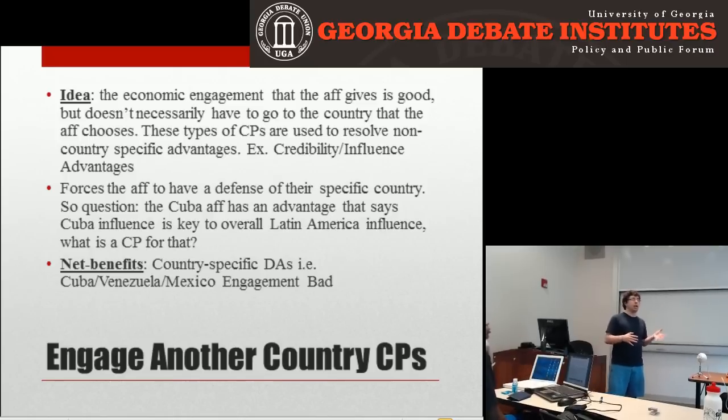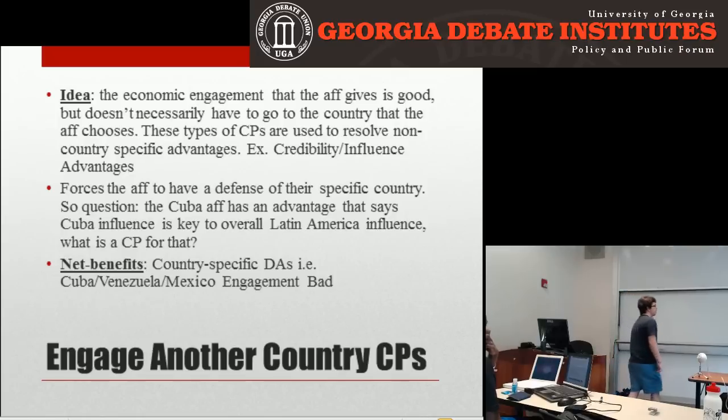Like engaging that country is bad, right? So if you have a country-specific disad, so Cuba disad, Venezuela disad, or Mexico disad, and you read a counterplan to engage a different country, you can see why engaging a different country would be net beneficial, right? Because it avoids the country-specific disad.